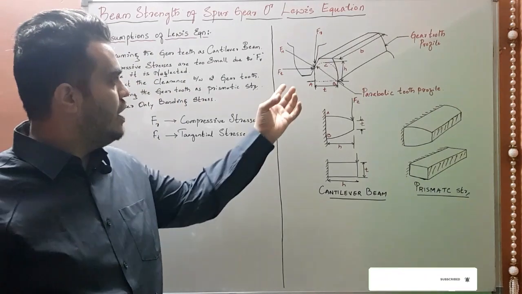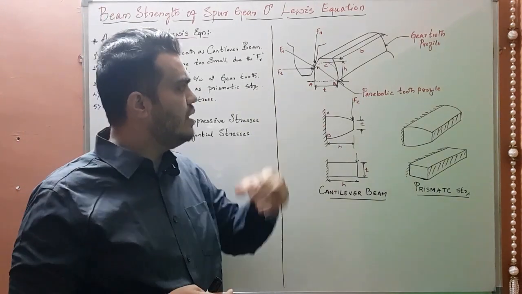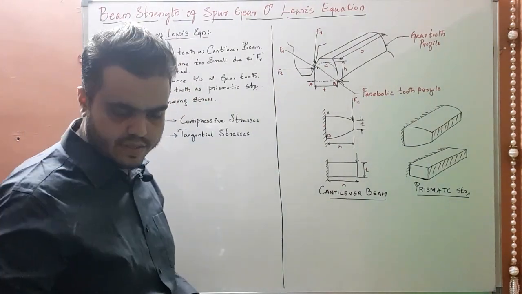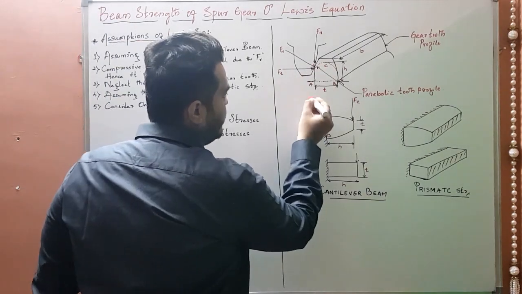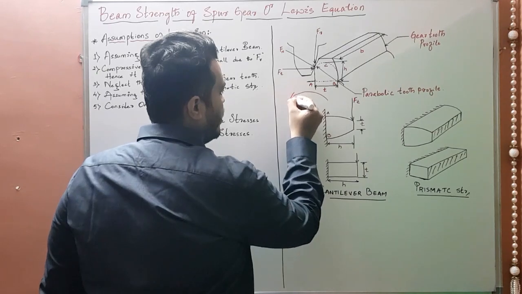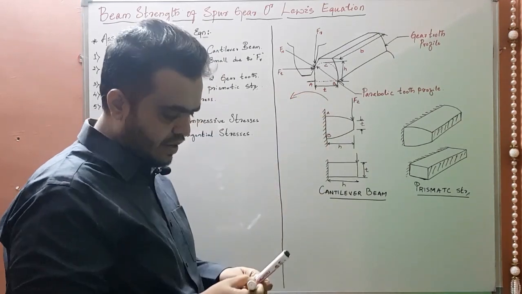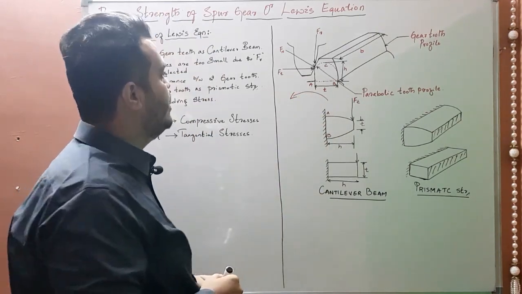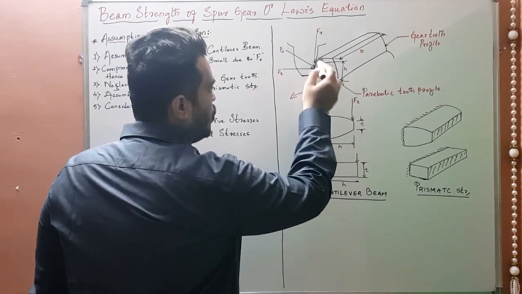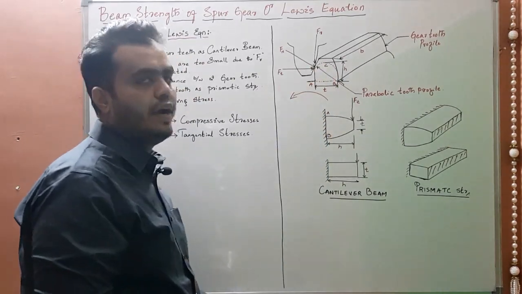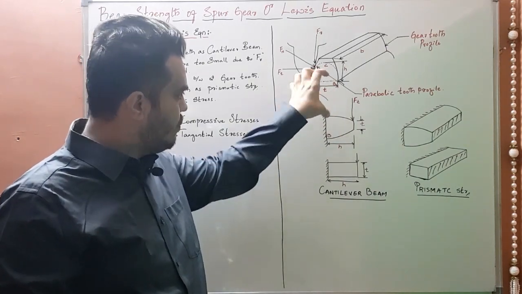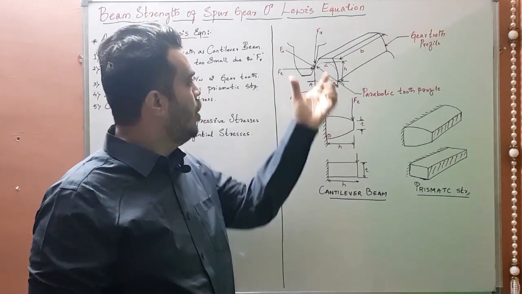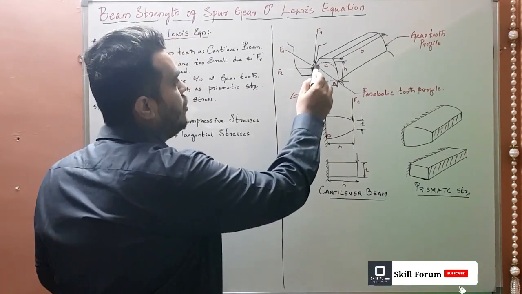Let us understand the concept of this spur gear. Here you can observe there are two gears, one is the pinion and one is the driving shaft. Once there is a rotary motion between two gears, there will be a point of contact.